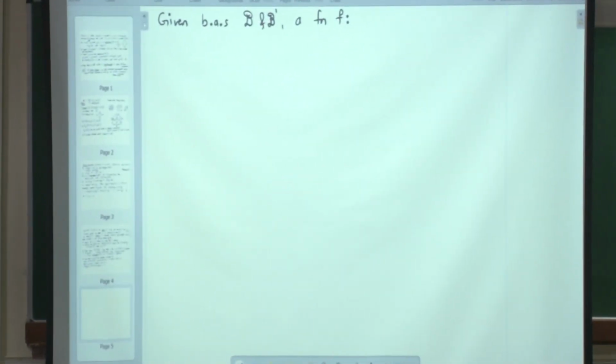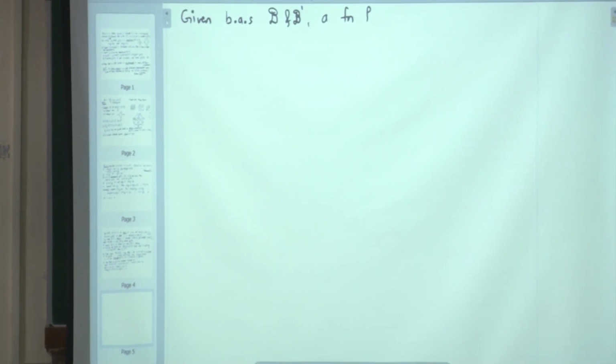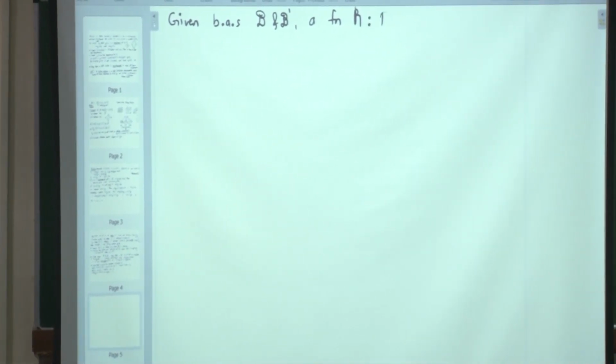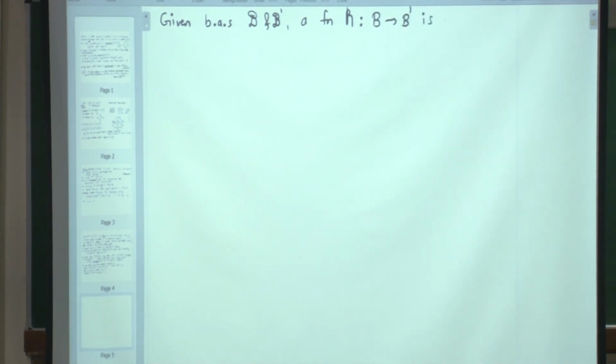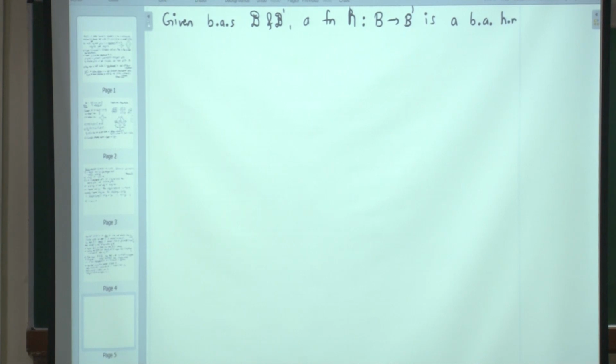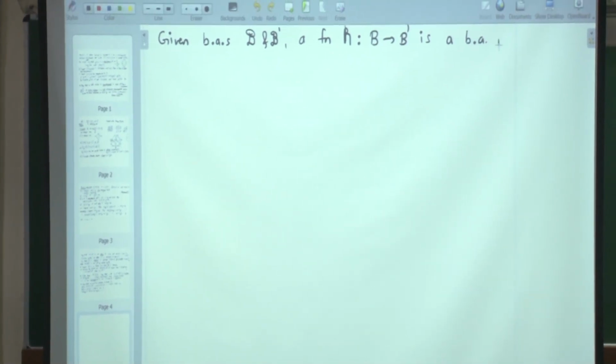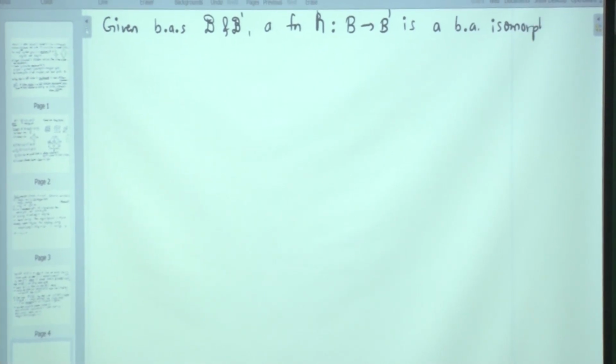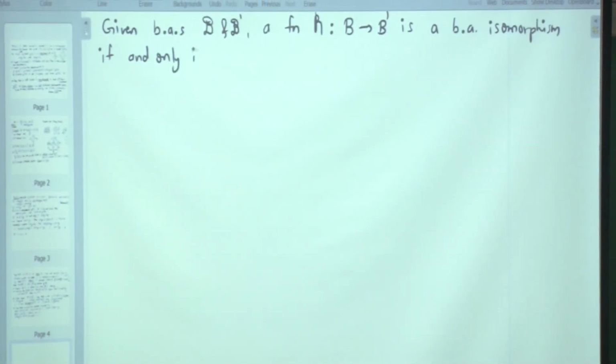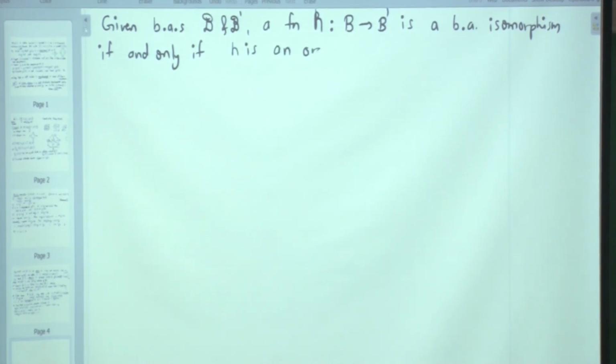So given Boolean algebras B and B prime, a function h from B to B prime is a Boolean algebra isomorphism if and only if h is an order isomorphism.